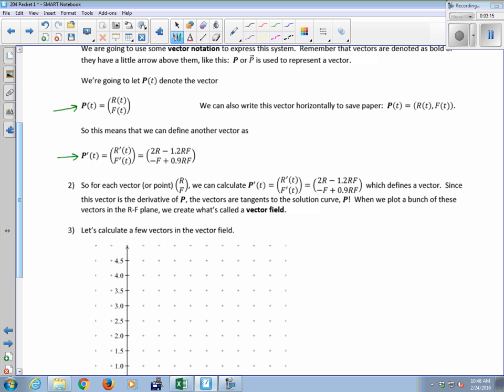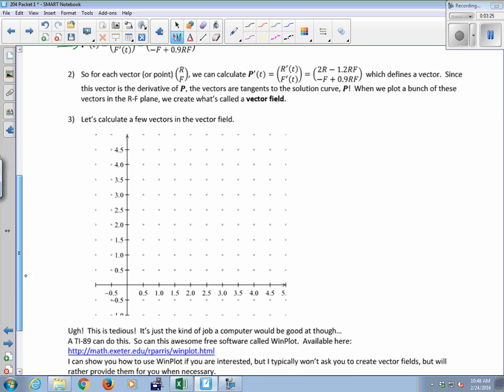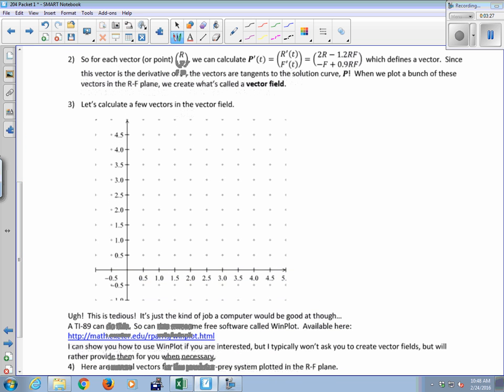They show how the solution is moving through the vector field, through the phase plane. All right, so we're going to calculate a few vectors in the vector field. So for any particular RF, RF is a location. This is the RF plane. So we pick a point in the RF plane and we calculate R prime, F prime, a vector.